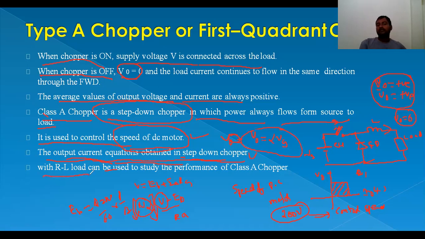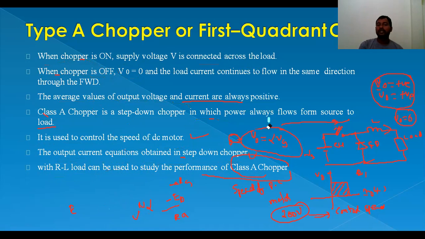With an RL load it can be used to supply, and can be used to study the performance of the class A chopper. So the class A chopper performance can be studied with the RL load only. So this is all about the class A chopper.